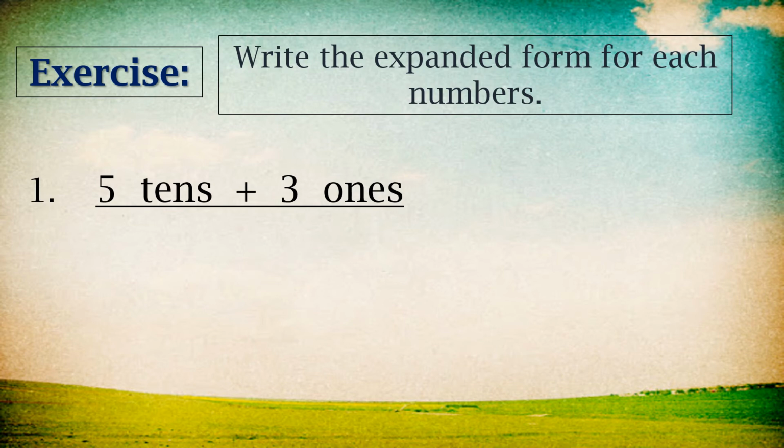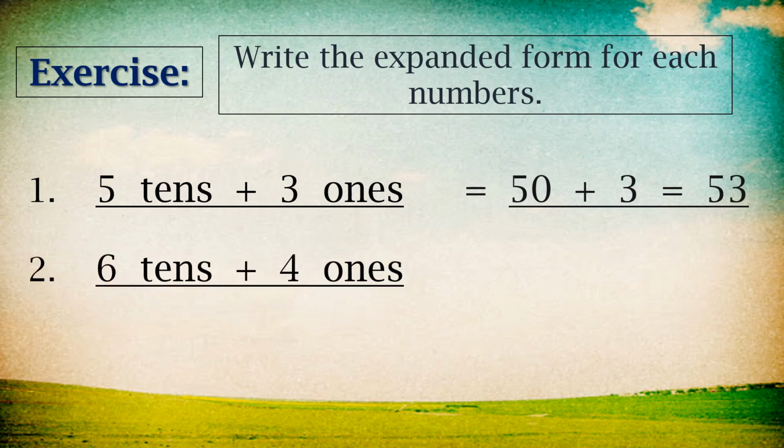What we're going to do is just add tens, 5 tens. 10 plus 10 plus 10 plus 10 plus 10. So 5 tens is equal to 50 and 3 ones is 3. 50 plus 3 is 53.